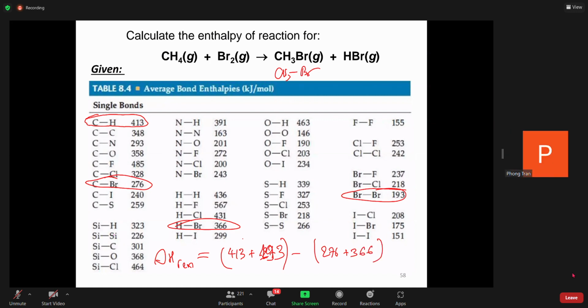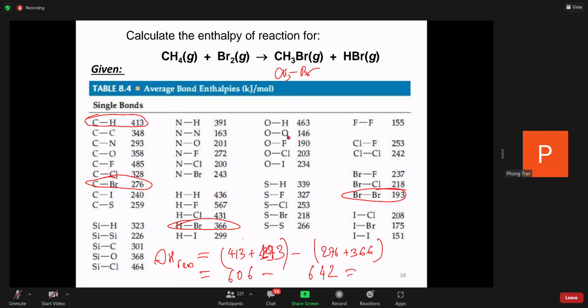Is it correct? Okay. So you will have 6 0 6 minus 2 4 6.